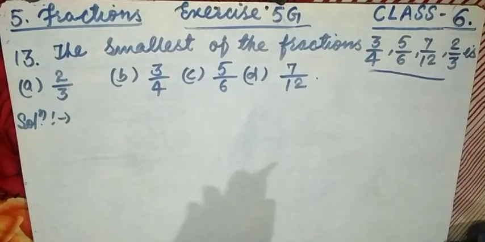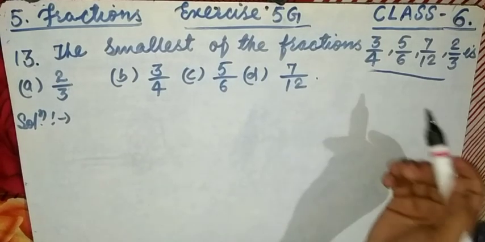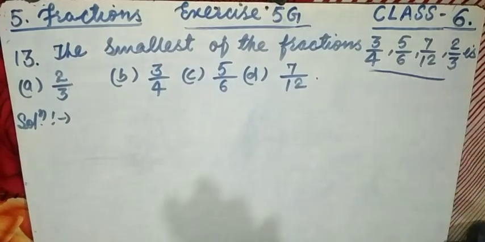In unlike fractions, first we take the LCM of all the denominators and put all the fractions over the same denominator, then check which numerator is greater and which is less.